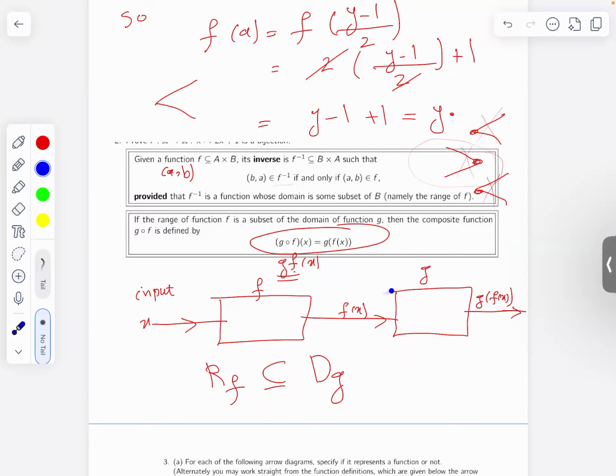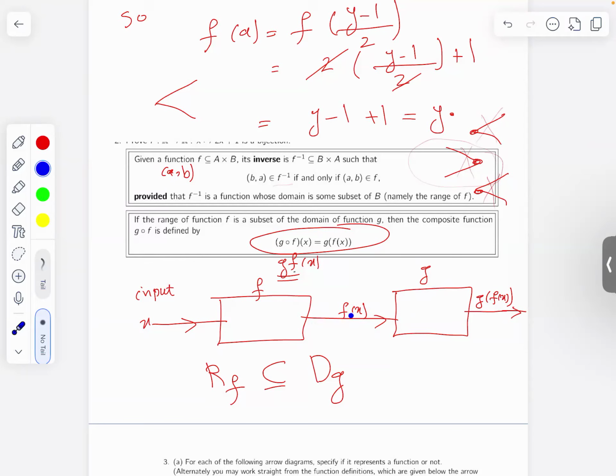And g will apply on f of x, so the output will be g of f of x. From here, we see that the range of f should be inside, or a subset of, the domain of g. So that's why I have written this here.